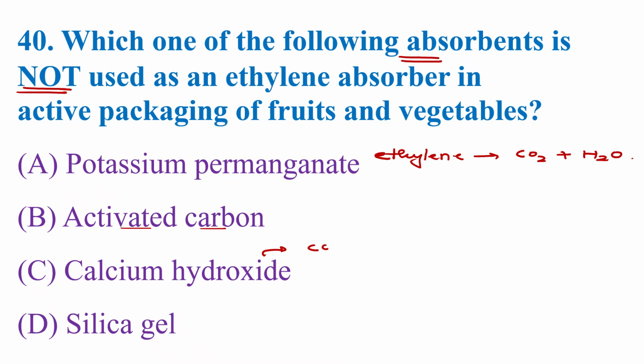It's actually a CO2 absorber. And silica gel is also used as a carrier for potassium permanganate. So this is also true. So over here, my correct statement will be option number C.